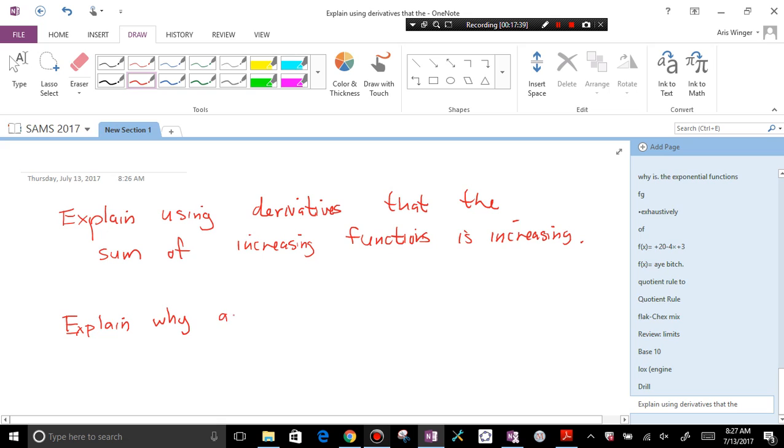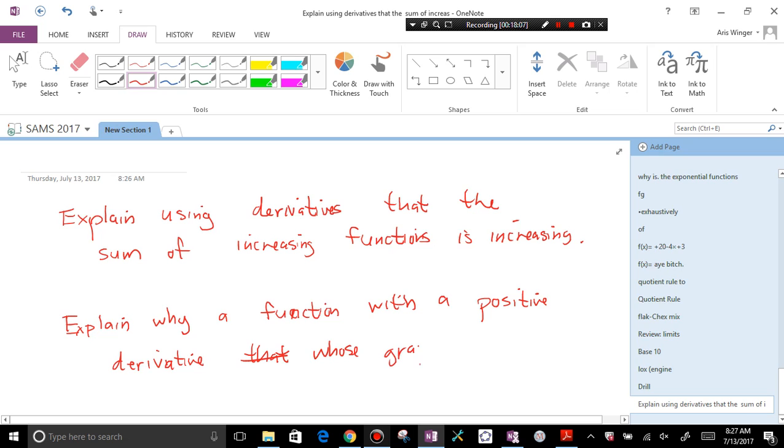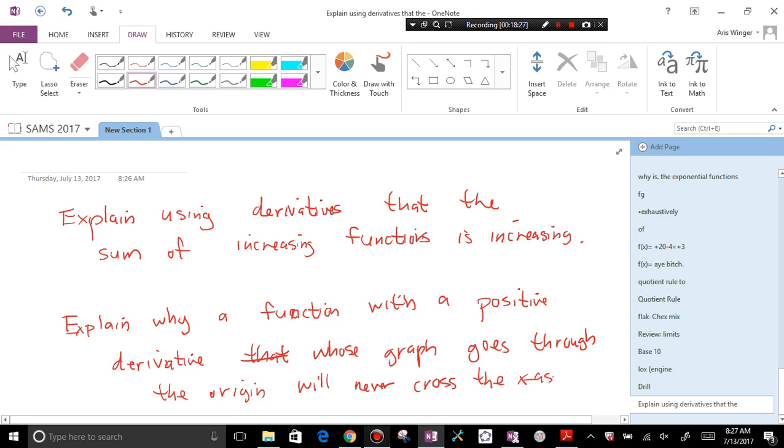Explain why a function with a positive derivative whose graph goes through the origin will never cross the x-axis again. So those are some conceptual questions.